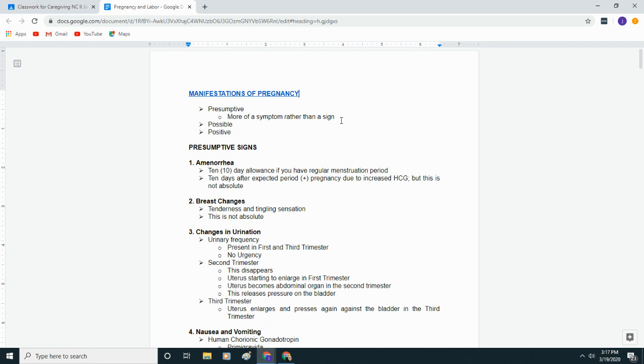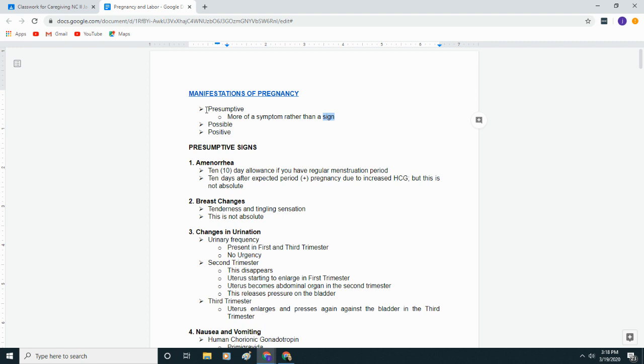This is more of feelings, subjective cues, being expressed by the client or the mother. A sign is measurable, something being measured by a doctor, OB-GYN, midwife, or a nurse.